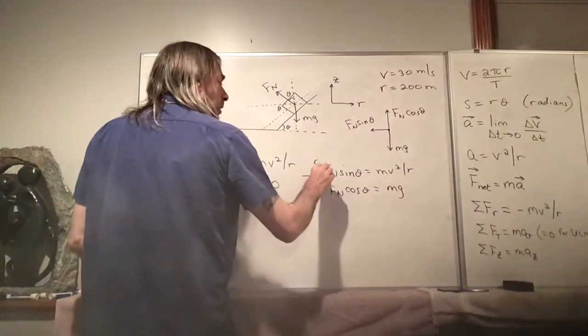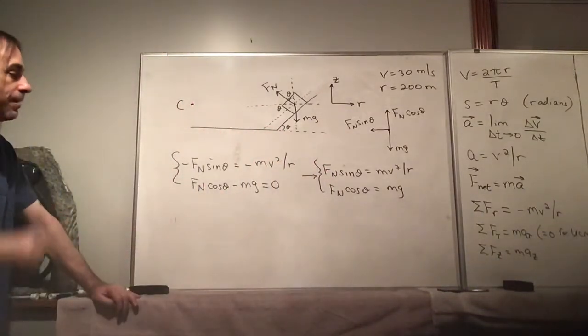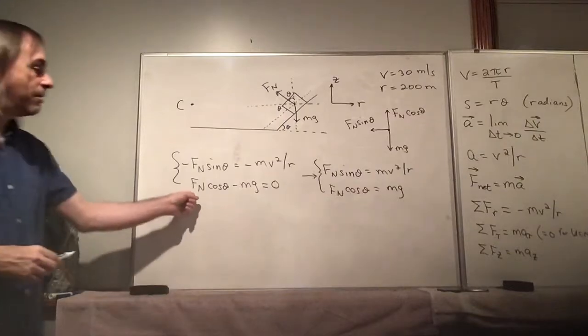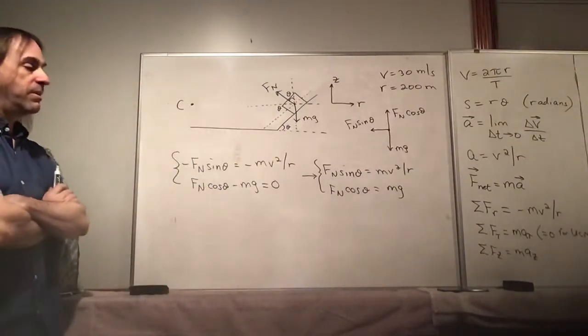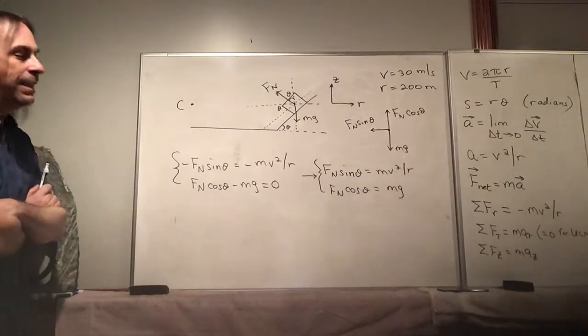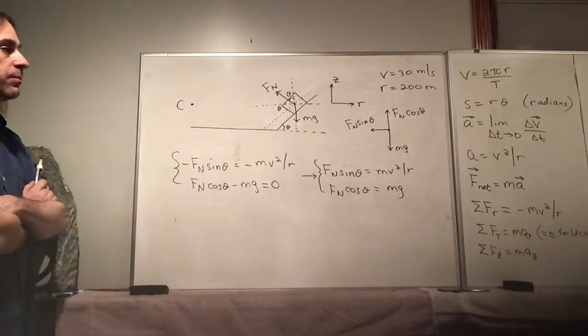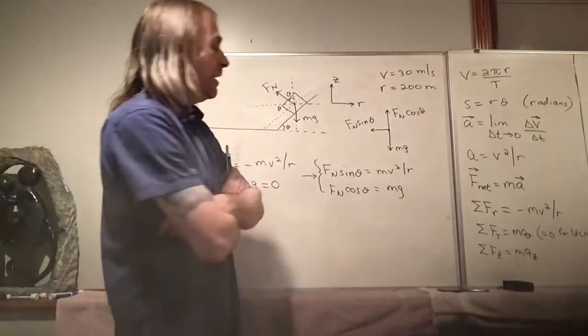So in the top equation, we just got rid of the minus sign on each side. And in the bottom equation, we moved mg over to the other side. So what we're trying to do is find the angle, theta. What we know are the velocity and the radius, and we want to find theta.